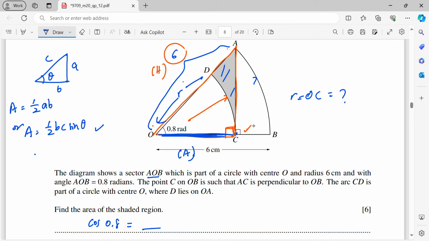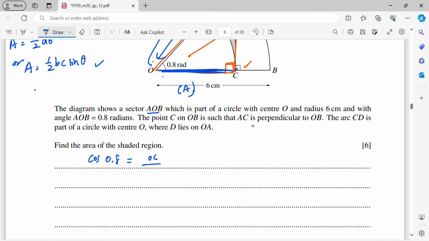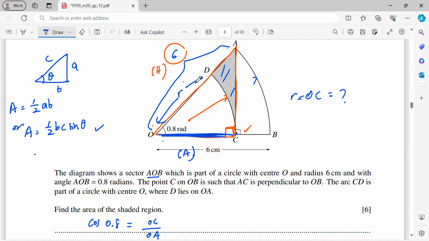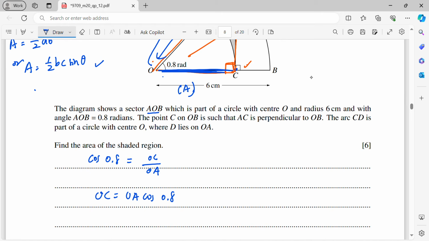So I will write cos 0.8 is OC over OA. So my OC is OA cos 0.8, and OA is given, which is 6. That means this is 6 cos 0.8.